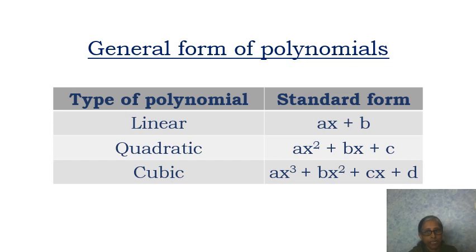Ax square plus bx plus c is the standard form. For linear polynomial, remember, the degree of the polynomial is 1. Now for the third, cubic polynomial, degree of the polynomial is 3. The standard form is ax cube plus bx square plus cx plus d. Is it clear?